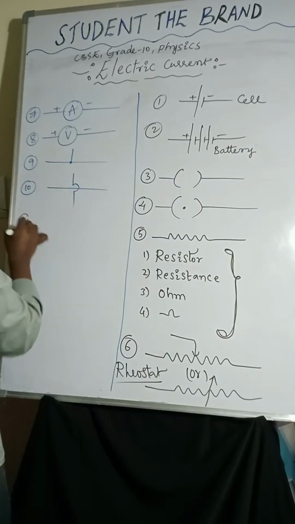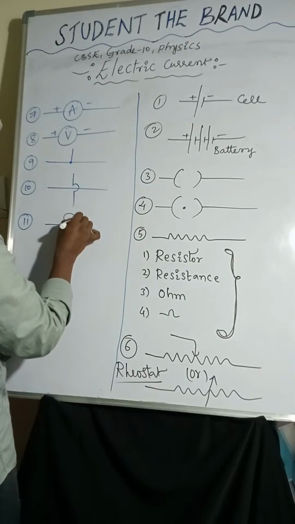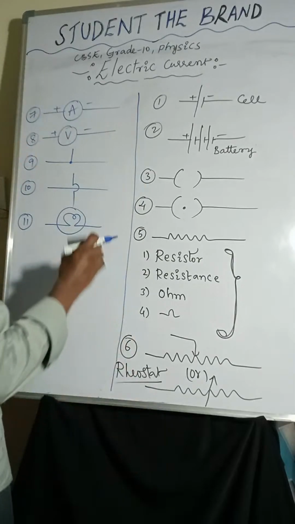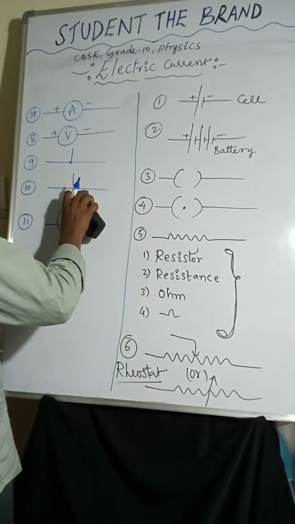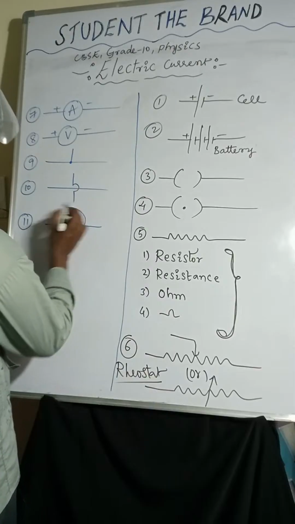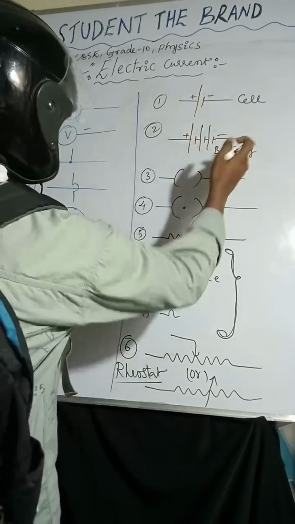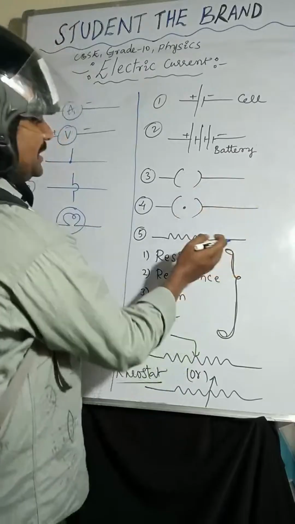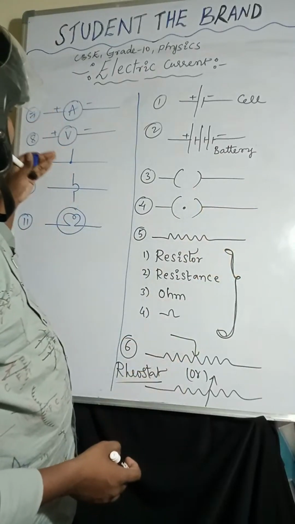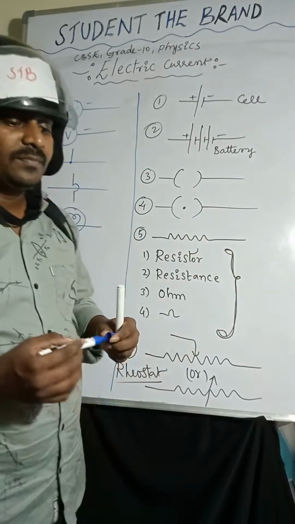And 11th one, bulb. I hope it is very clear to all. Check once. So: cell, battery, open switch, closed switch, resistor, rheostat, ammeter, voltmeter, wire joining, wire crossing, bulb.